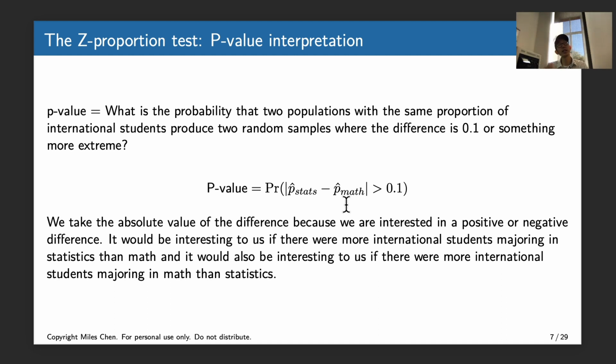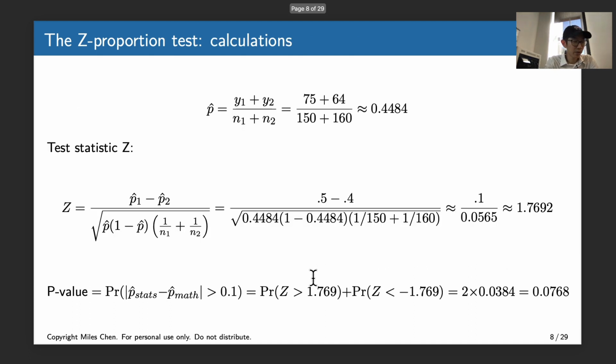We get a difference of negative 0.1. That's also interesting to us, and so we use the absolute value. I'm going to just skip over this.